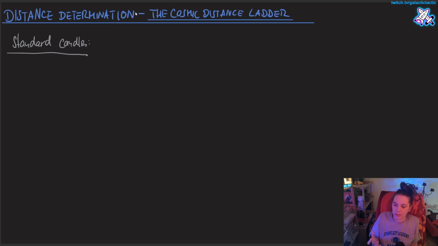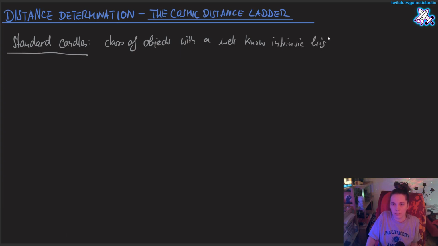Standard candles are a class of objects with a well-known intrinsic brightness due to a certain physical property.